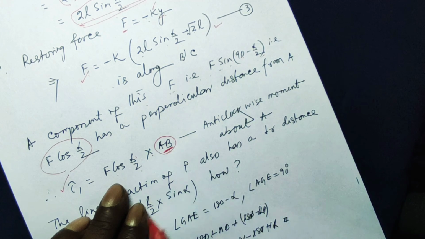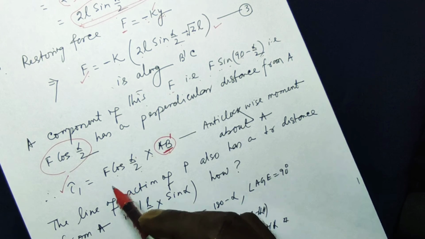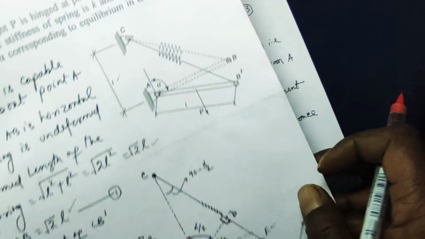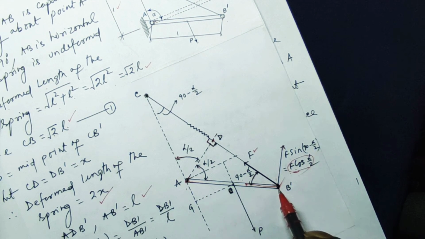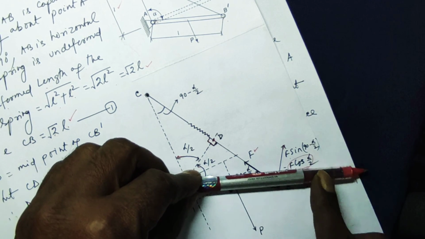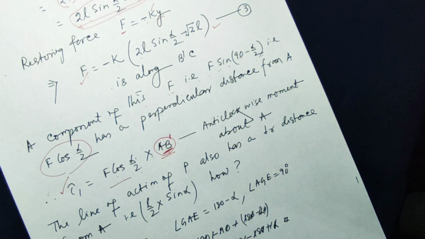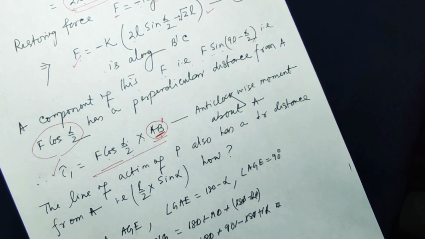Let me put this perpendicular distance as b dash, which is equal to the length of the prismatic bar, AB dash. Due to that, it will try to turn anticlockwise about point A, so this will provide an anticlockwise moment about the point A.